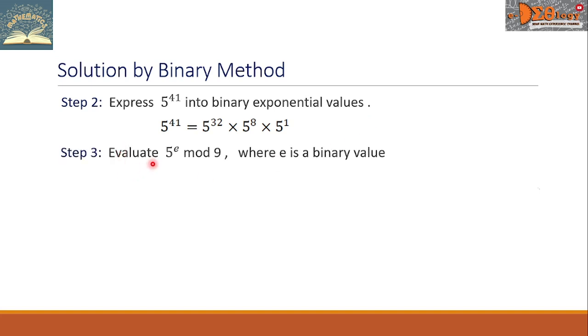Step 3, we evaluate 5 raised to e mod 9, where e is a binary value. Let us write again our table on top here.